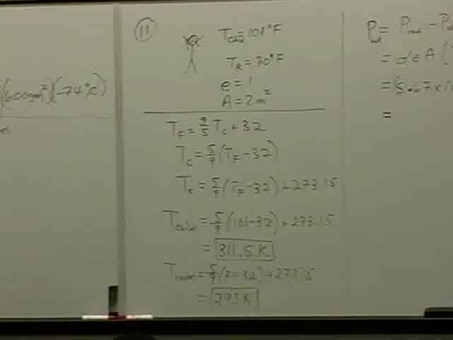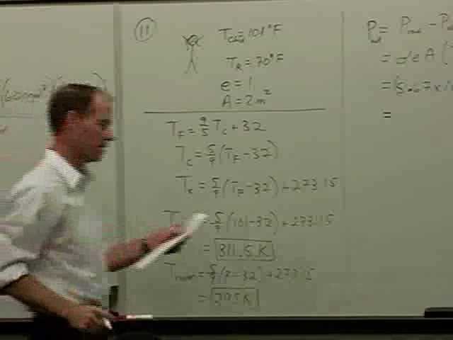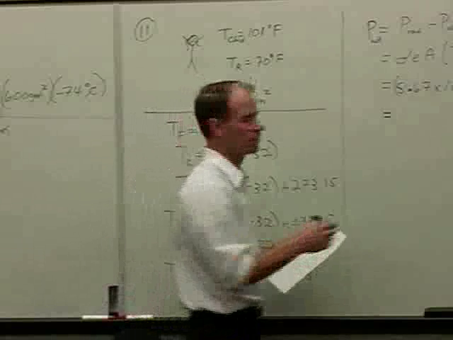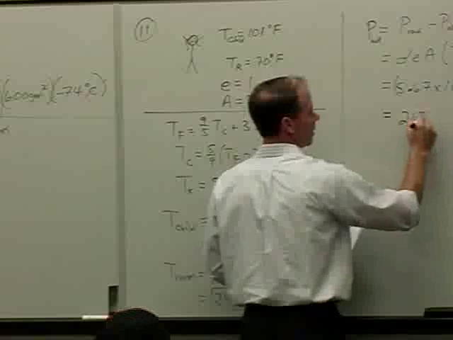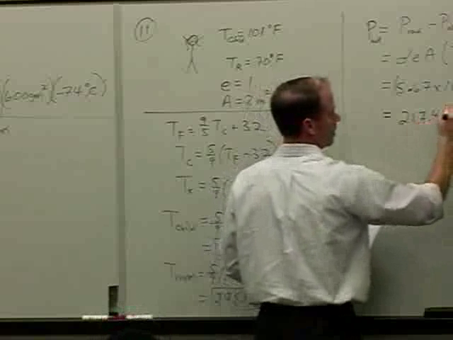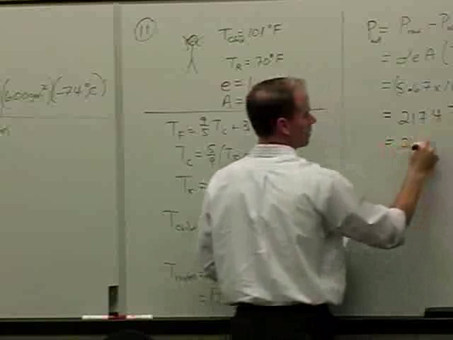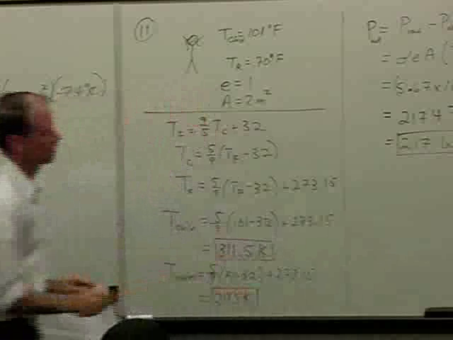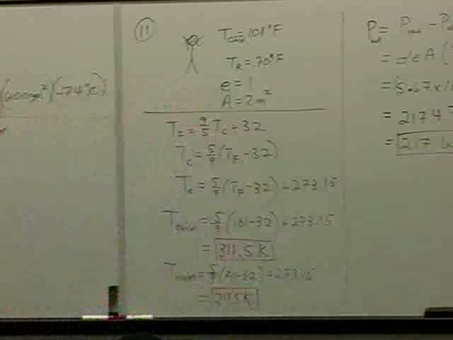Put all those in there. At a slightly different temperature for the temperature of the room, this is what I got: 217.4 joules per second, 217 watts for the net power radiated.